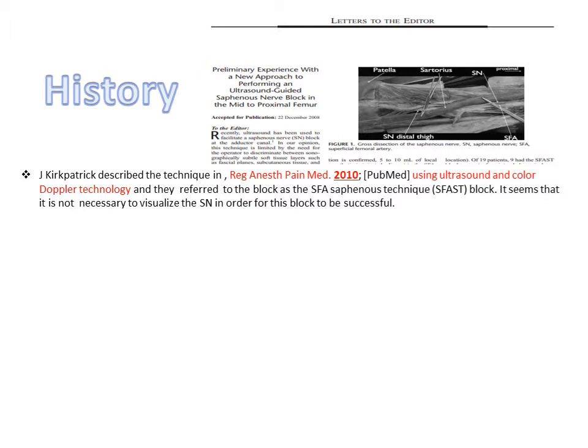He claimed that since it is difficult to visualize the saphenous nerve, we can use the superficial femoral artery as a landmark, injecting around it, and he called his block the superficial femoral artery saphenous technique. According to him, it is not necessary to visualize the saphenous nerve in order to do this block successfully.